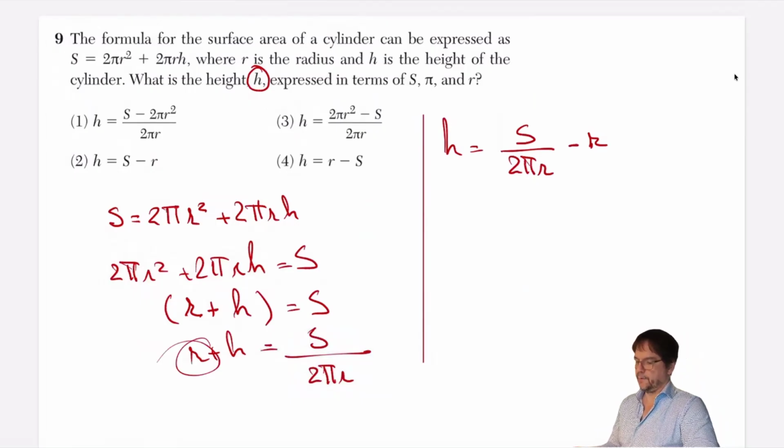Okay? But now I need to take the least common multiple. r is divided by 1. Do you agree?